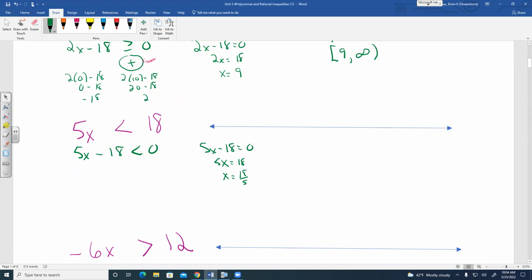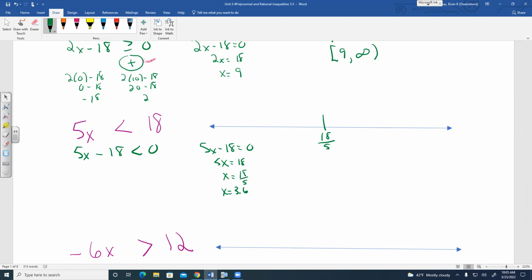Now you have to pay attention to, in MyLab Math, whether or not they'll accept a decimal or not. If not, we have to leave it as 18/5. So up here on my graph, I'm going to go ahead and just leave it as a fraction, knowing though that that's the same thing as 3.6.